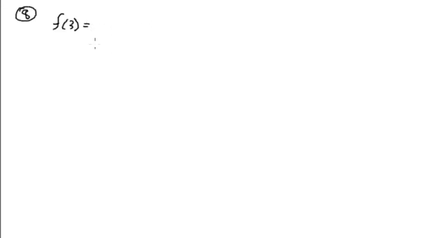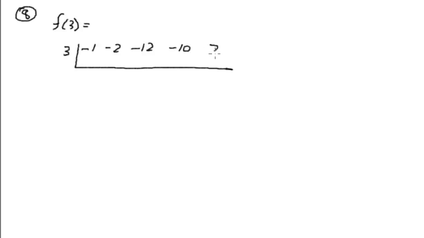So if we're going to use synthetic division, I'm just going to use the 3 the way it is, and then I'm going to have negative 1, negative 2, negative 12, negative 10, positive 7, and negative 4.